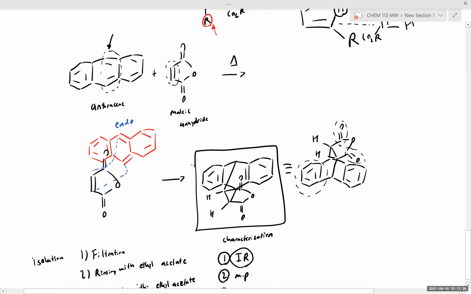One thing I would note is when this central diene reacts, we're able to retain a large amount of aromaticity in anthracene because we generate two isolated benzene systems. So does everyone see the mechanism and stereochemical outcome for this reaction? Does everyone see why we get this product out from the Diels Alder reaction?